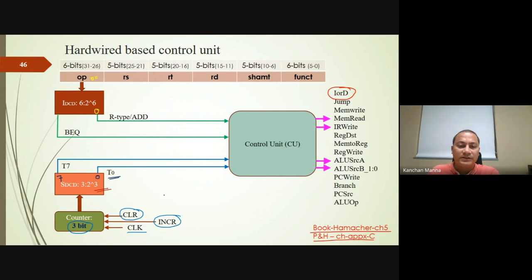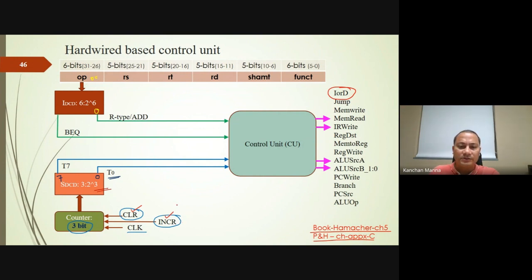To specify the next state, we have to give the counter the inputs clear, increment, and clock. Now we have to write the logical expression for clear and increment, the INCL.